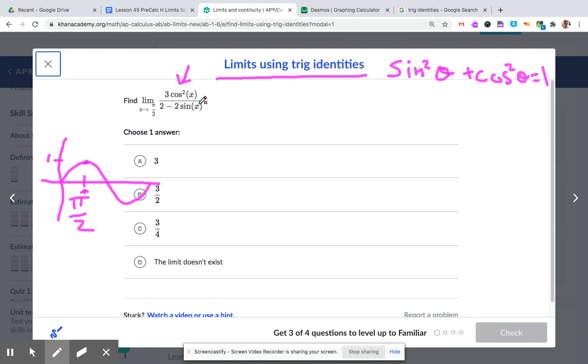All right, now right away for my side work, I have that 3 out in front. I'm not going to worry about that. And on the bottom, there's a common 2, so that's not going to help me. I'm going to pull that out right away. 1 minus sine of x. All right. So I'm trying to get some sort of 1 minus sine of x going on here.